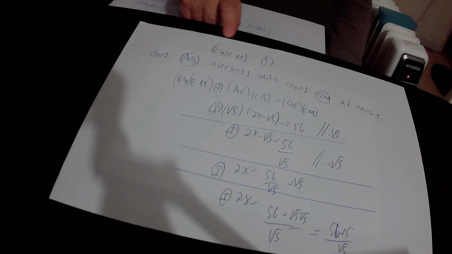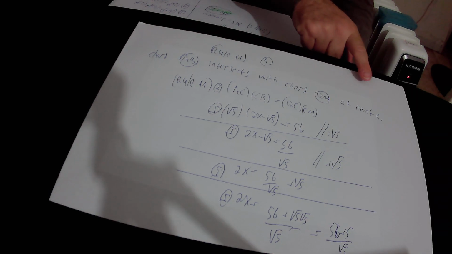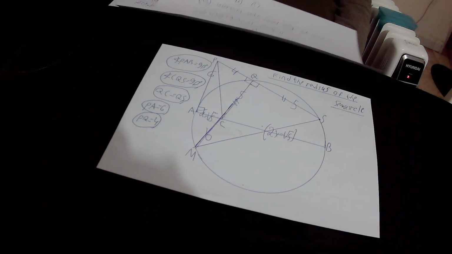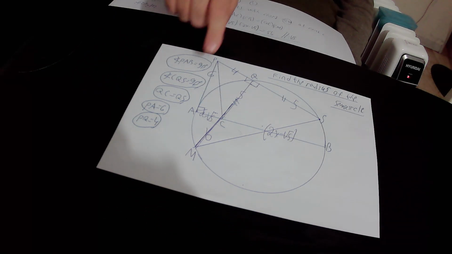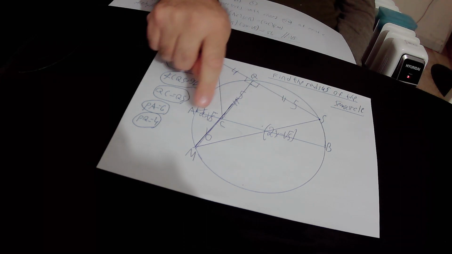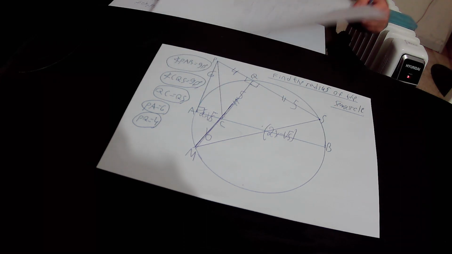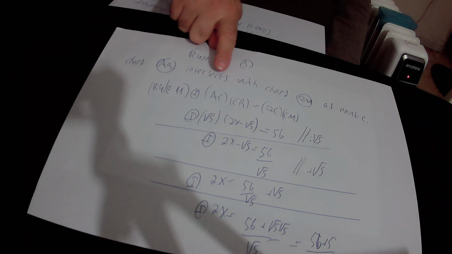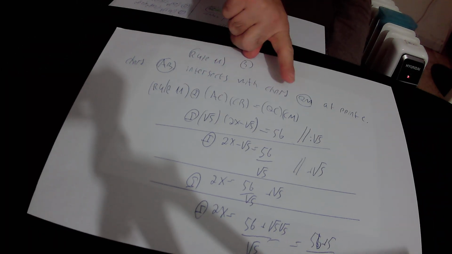Here we implemented rule number 11 in our drawing. Therefore, according to rule number 11, AC times CB equals QC times CM.